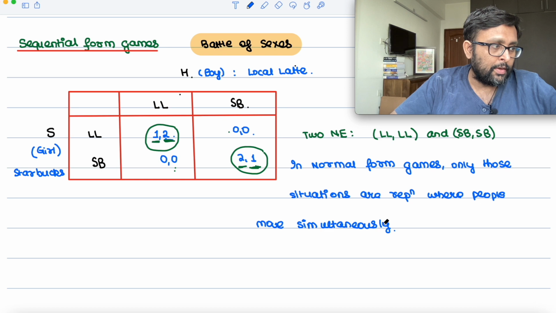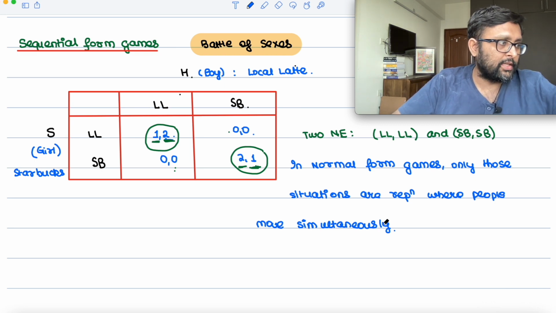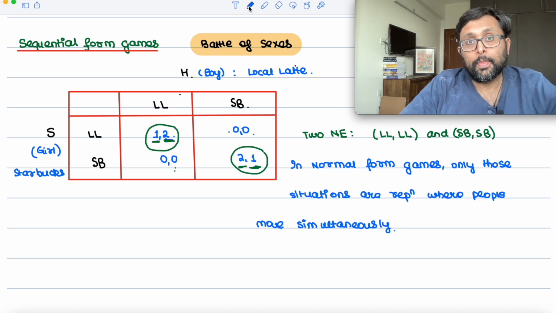So there can be cases where players can choose their actions sequentially, that is over time, rather than simultaneously.